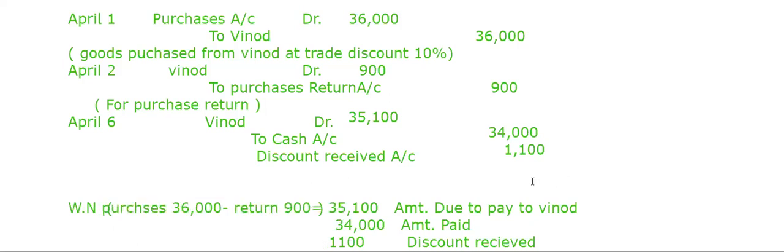Purchases are of rupees 36,000 and returns are of 900. So 36,000 minus 900, 35,100 is the amount due to pay to Vinod.